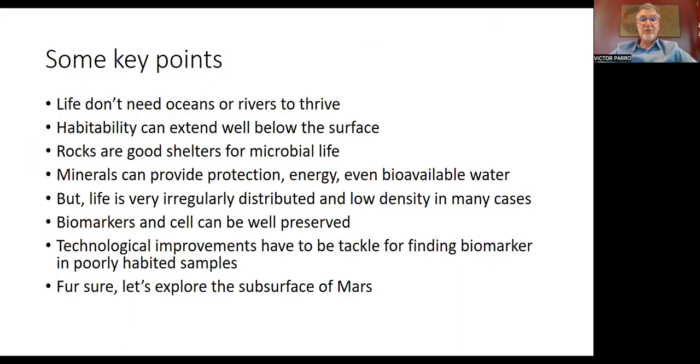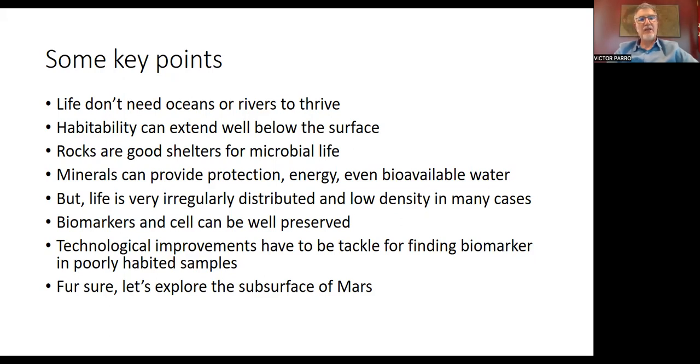And just to summarize some key messages to bring home: life doesn't need oceans or rivers to thrive. We just need a little bioavailable water. The liquescence phenomena are important, and I think will be very critical on Mars.